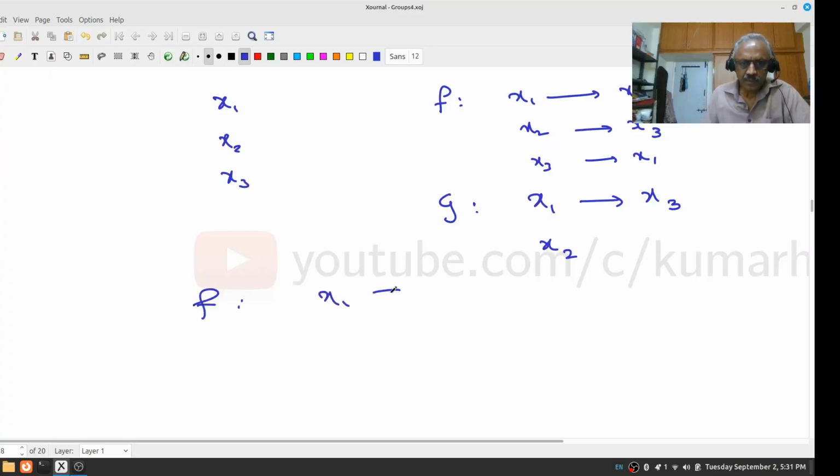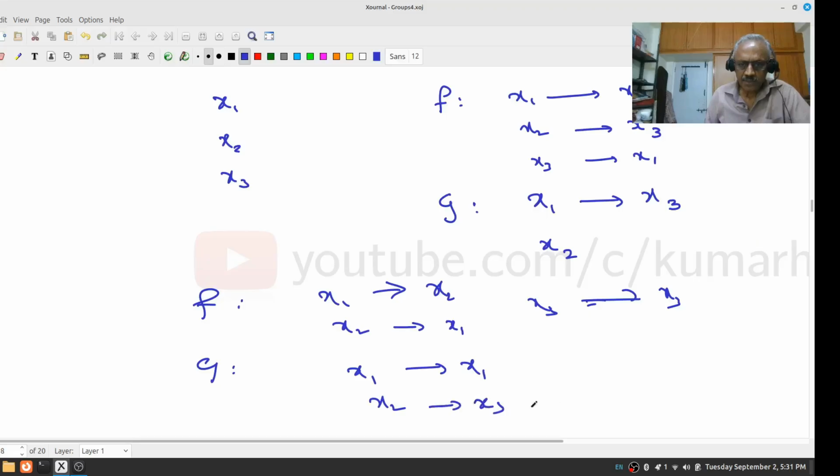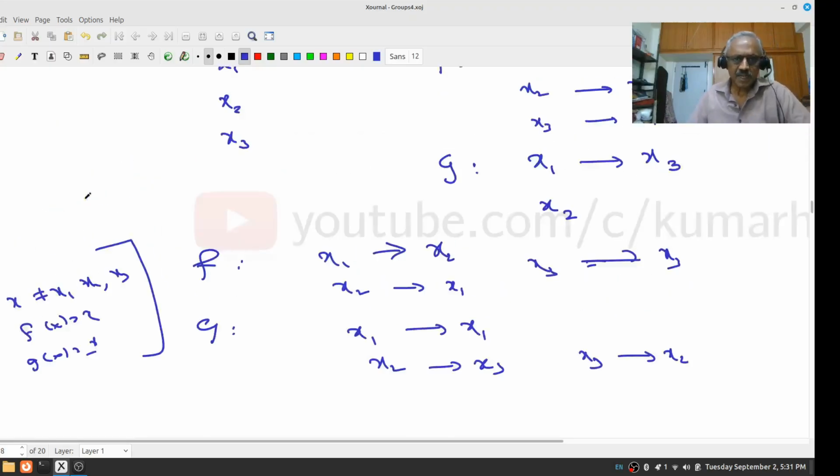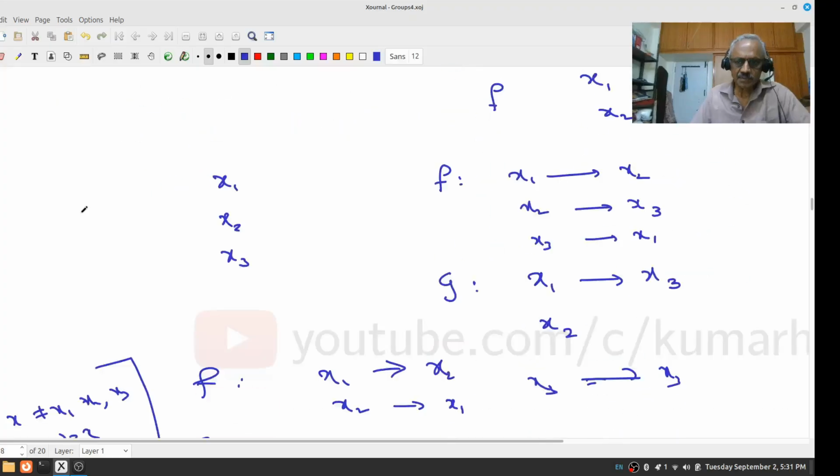F: x1 goes to x2, x2 goes to x1 and x3 goes to x3. And g is x1 goes to x1, x2 goes to x3 and x3 goes to x2. These are all bijections, right? And if there are more elements, if x is not equal to x1, x2, x3, then define f of x to be x and g of x to be x. But at present concentrate on when S has 3 elements.